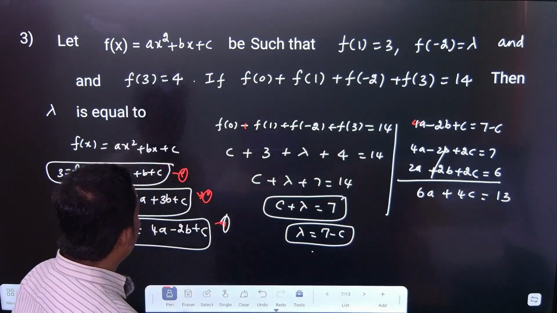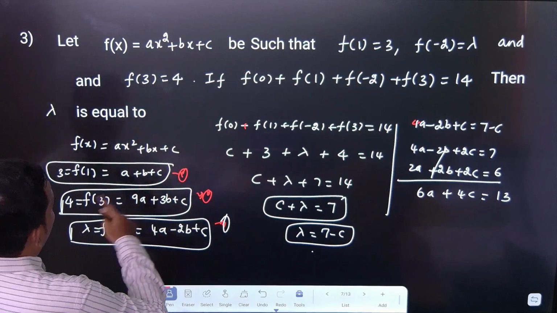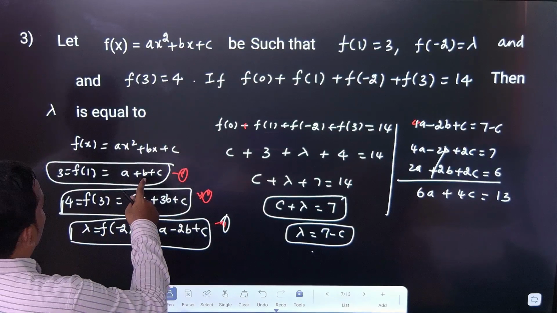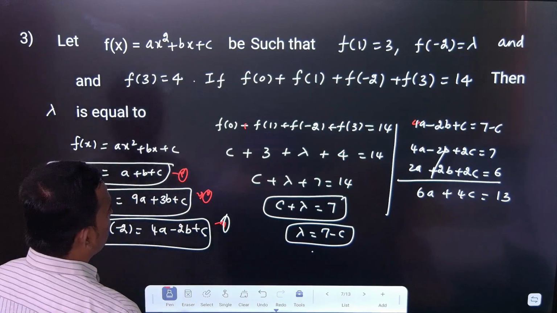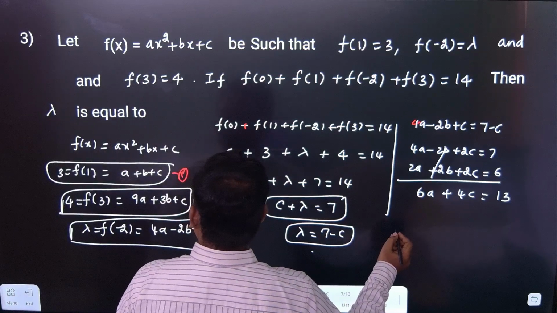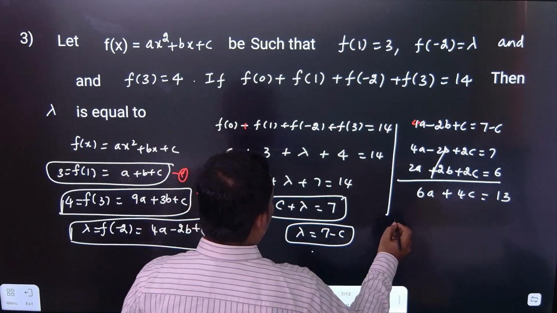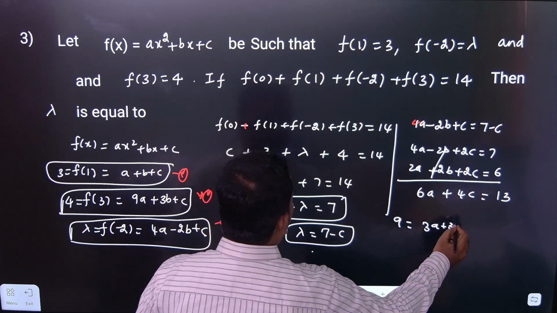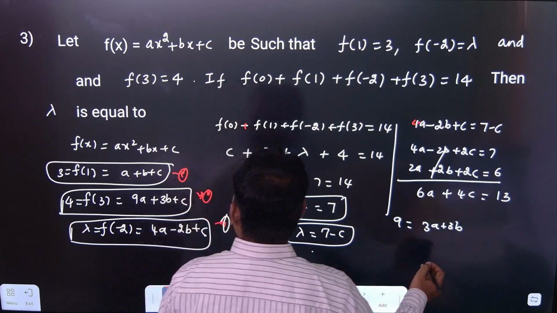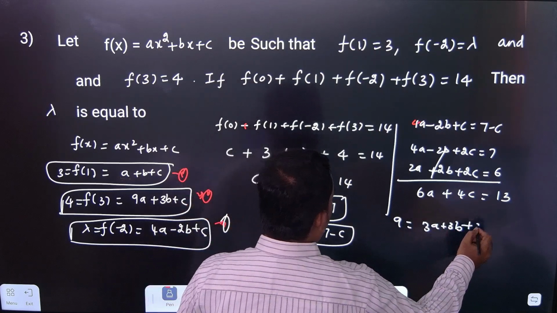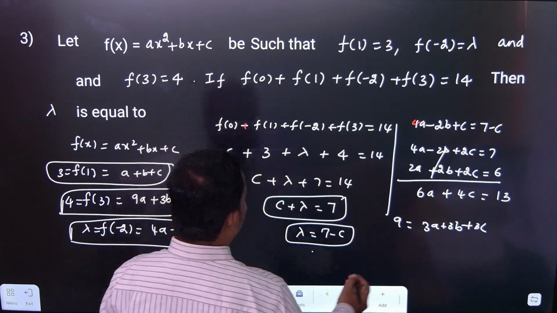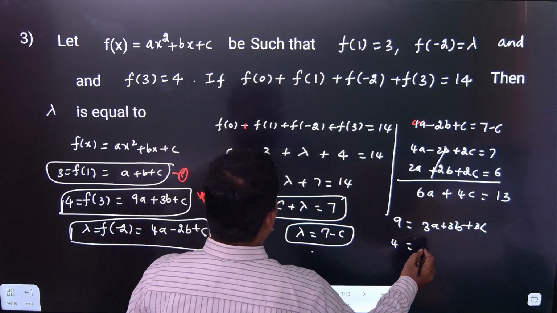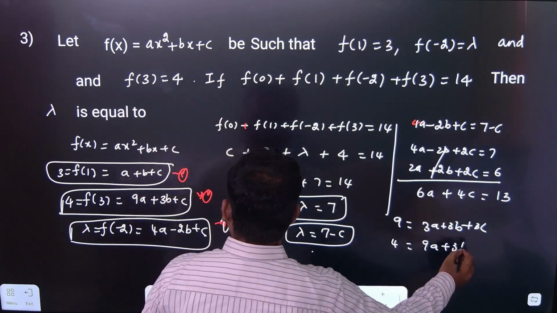Right? Okay, student, you can see the second equation and the first equation you can take. First equation you can multiply by 3. So 9 is equal to 3a plus 3b plus 3c. And the second equation you can see, 4 is equal to 9a plus 3b plus c.